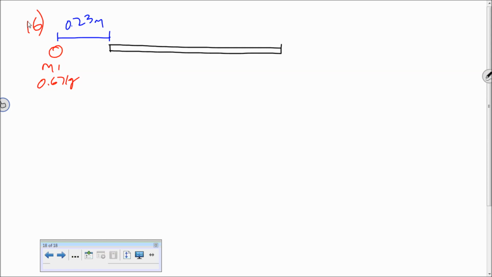We know that it is 0.67 kilograms, and it's placed a distance of 0.23 meters from this rod of uniform length of 3 meters and capital M mass of 5 kilograms. What's the magnitude of the gravitational force?